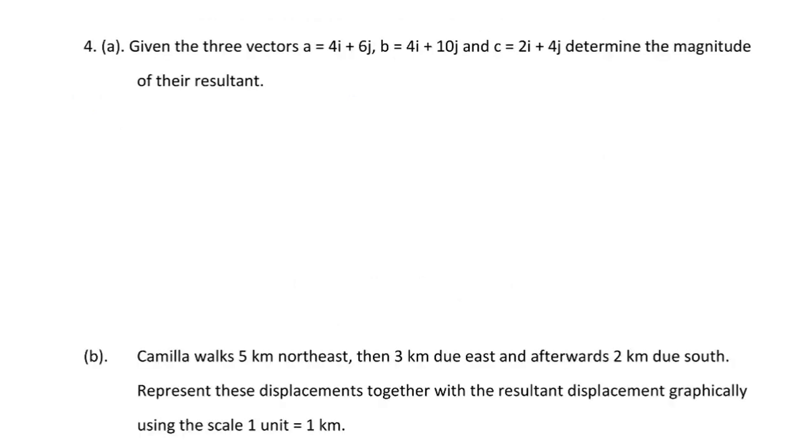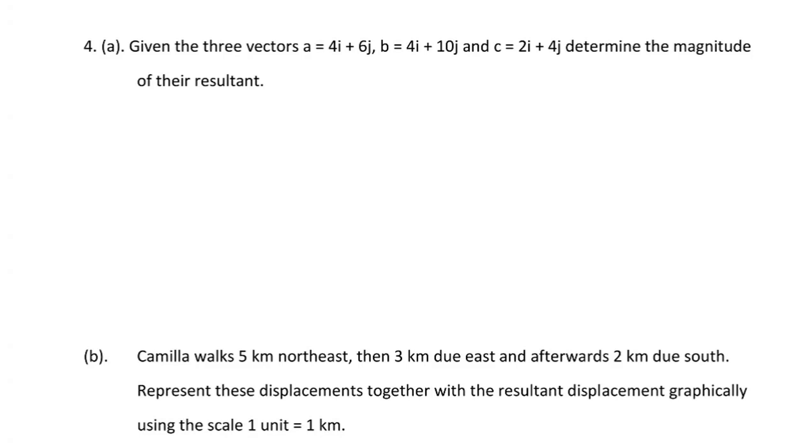Okay, so question number 4a, given the three vectors a equals 4i plus 6j, b equals 4i plus 10j, and c equals 2i plus 4j, determine the magnitude of their resultant. Okay, so this is a vector problem, and to find the magnitude of the resultant, we first find the resultant vector by summing up the three vectors.